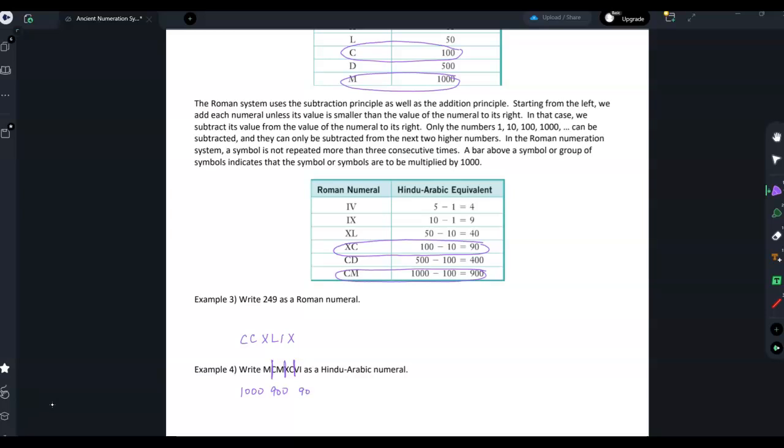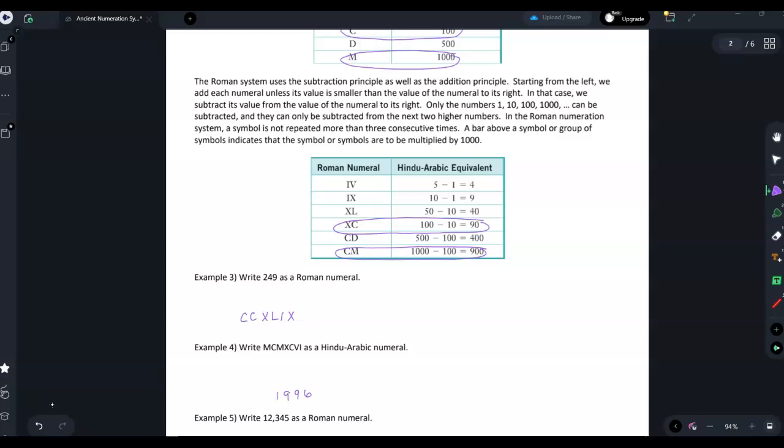And then V and I you can think of separately if you'd like. V is 5 and I is 1. And so then you would just add all this up. So you should get 1,996. So if you saw MCMXCVI on the side of a building, that means that building was built in 1996.